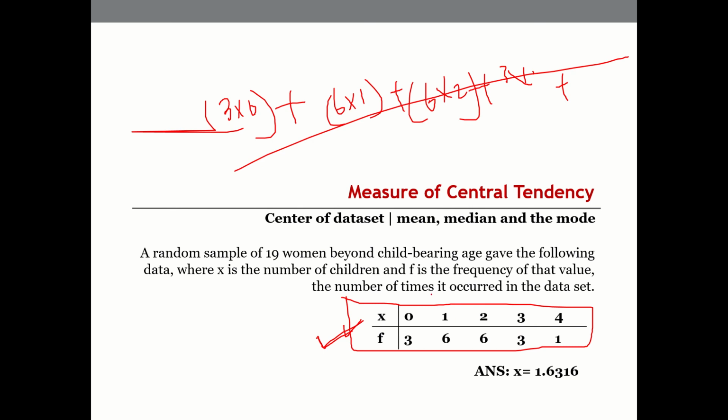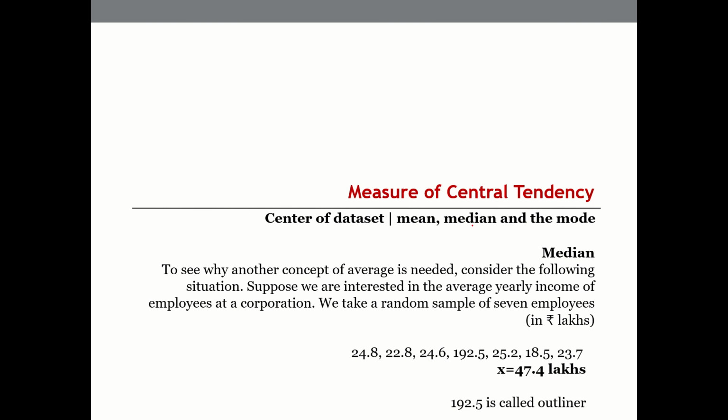That's about mean. The second word that we use is median. Median is actually the middle number. You can remember it as the middle number in the data set. To see why another concept of average is needed, consider the following situation.